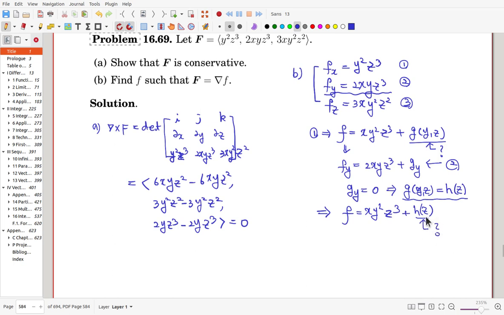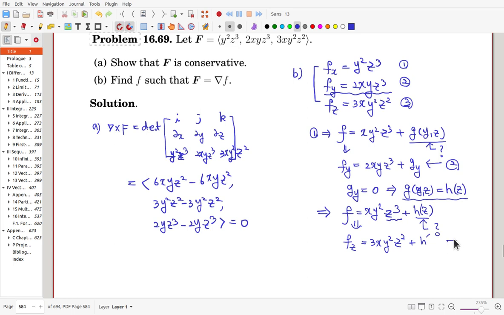To decide that, we have to use this equation. From here, we take a z derivative. Then there will be 3xy squared z squared. z cubed is changed into 3 times 3z squared. Right? And then here we have h prime.